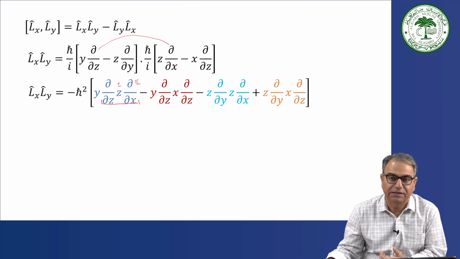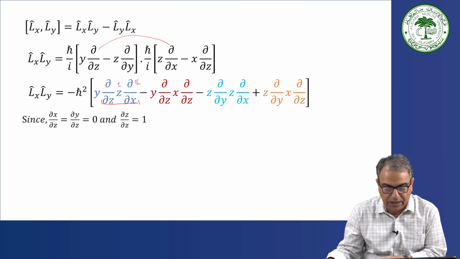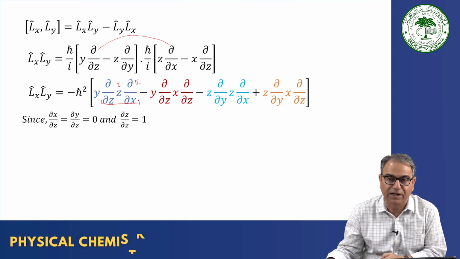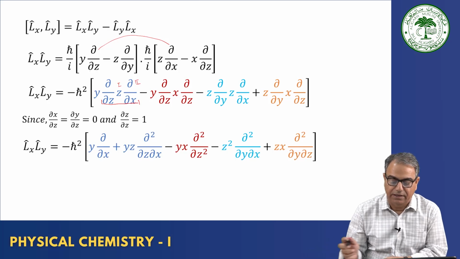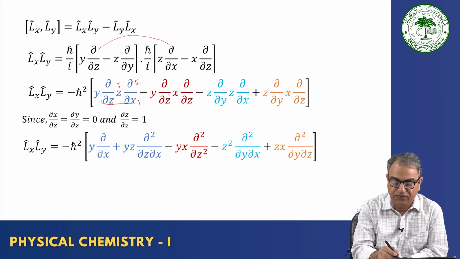Then in the next term you keep the first term constant and differentiate the other one. If you do that, and use that when you differentiate x with respect to z or y with respect to z, it becomes equal to 0, obviously, and del z by del z will obviously become equal to 1.